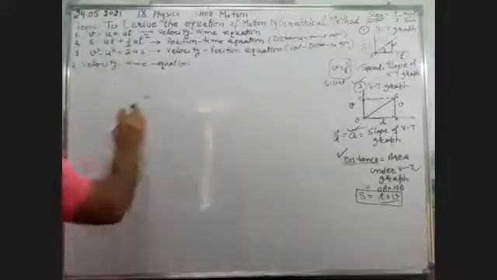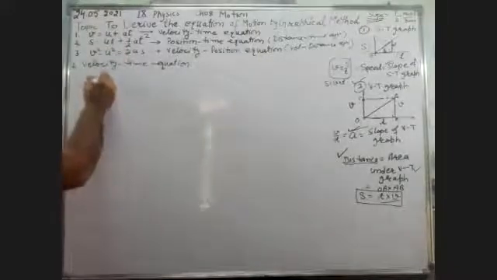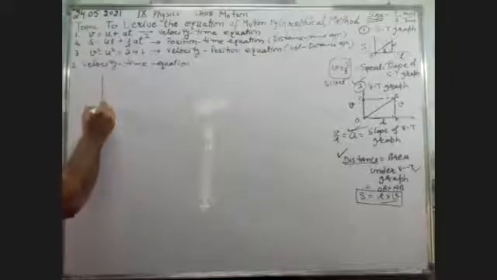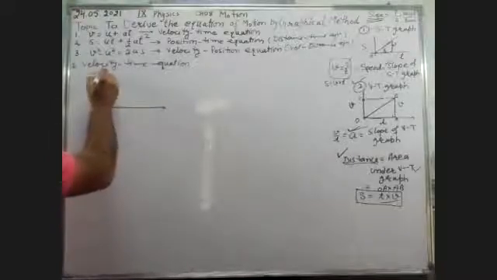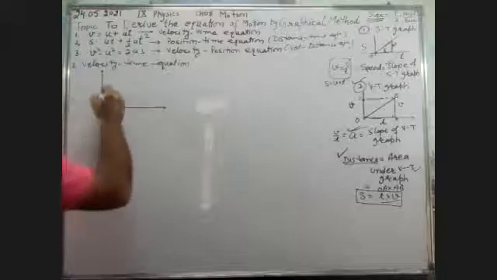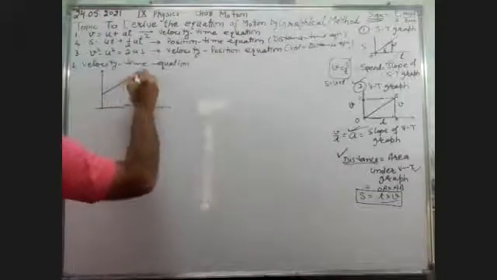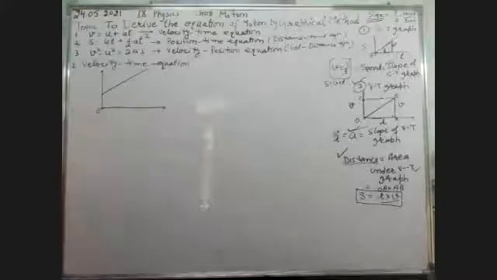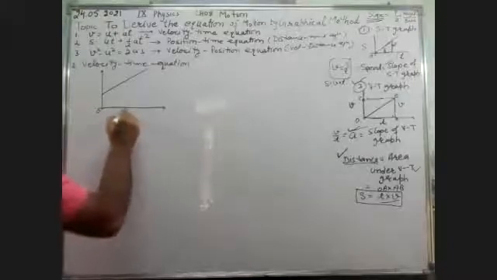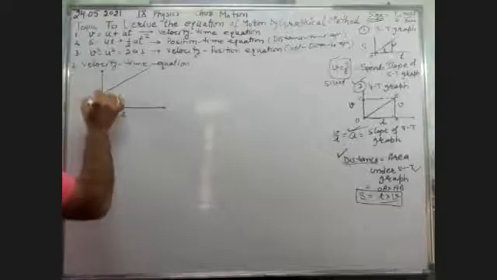We will take a velocity time graph for uniformly accelerated motion having some initial velocity u. So this is the origin, this is the time axis, and we have initial velocity u.